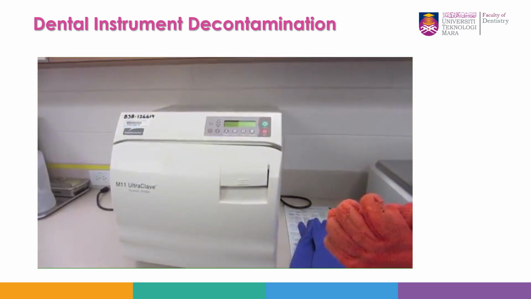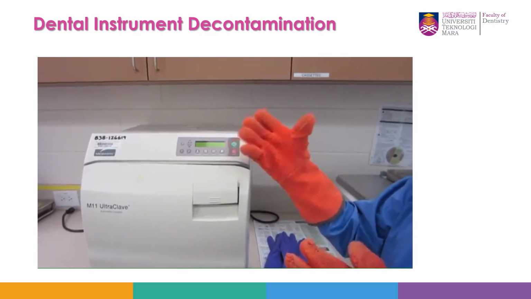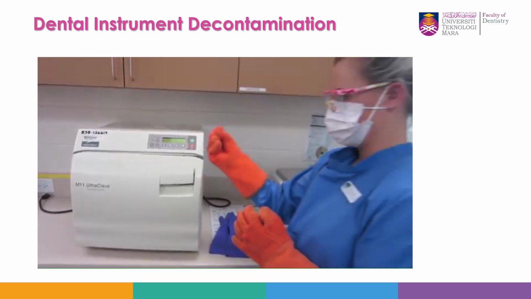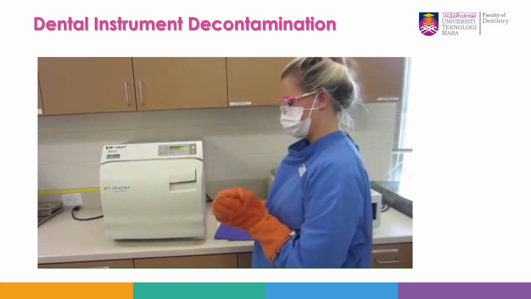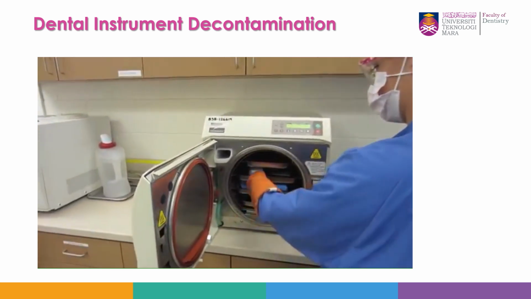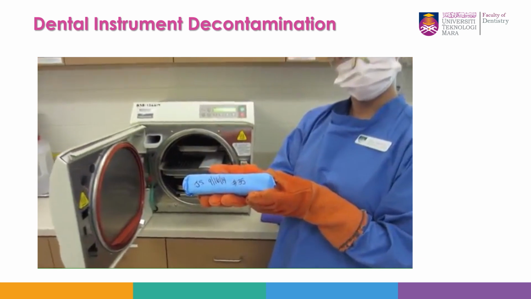Dry ready lights are flashing and the unit beeps 5 times. Leave the door cracked until the drying cycle ends. Ready light is flashing and the unit beeps 5 times. Instruments are now ready to be removed from the autoclave and stored. Turn off power at the end of the day.